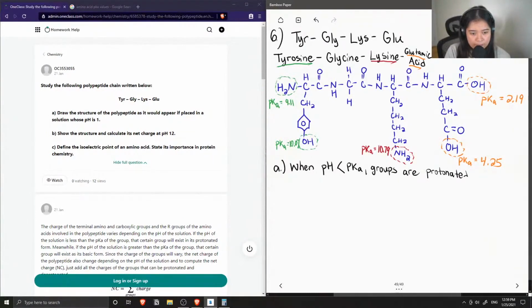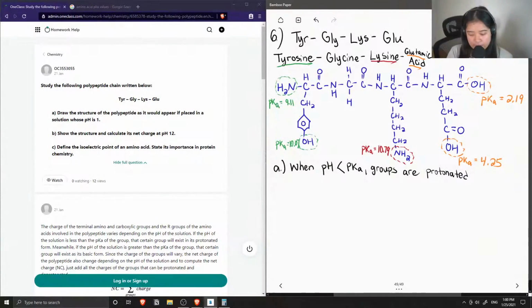So every time we have our alcohol groups, that just means that they'll have their hydrogen on. And when we have our amine groups, that means that they'll have an extra hydrogen bonded to the group.